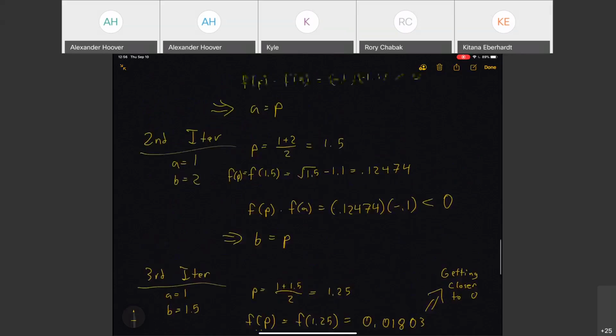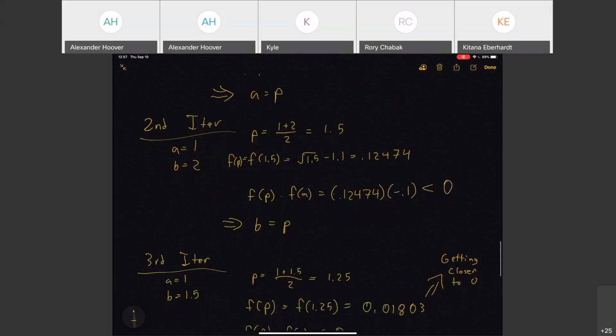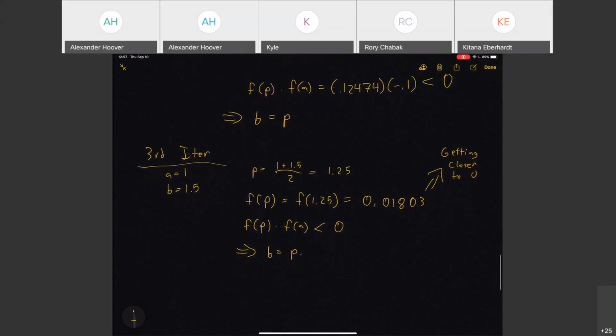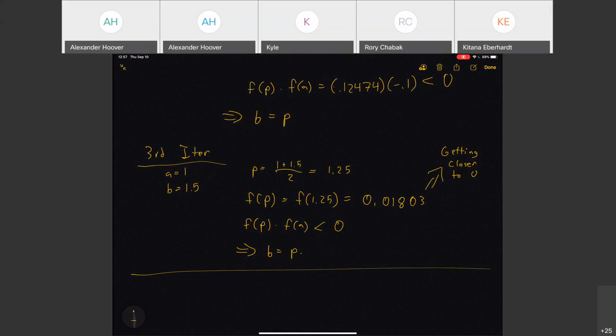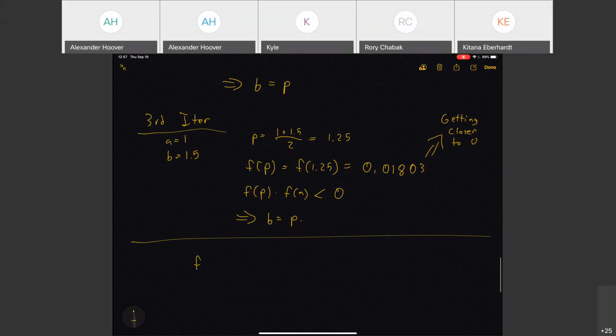All right, so let's not forget our own math knowledge here, right? If I wanted to figure out what the root was for this, I would say, all right, well, if I have f of x star is equal to the square root of x star minus 1.1 equaling 0, right?